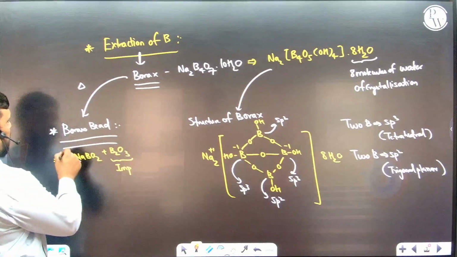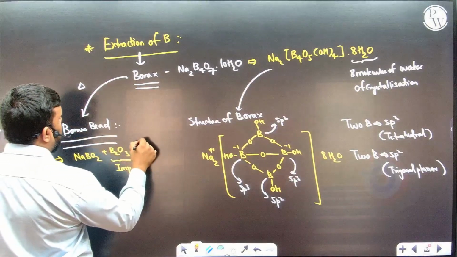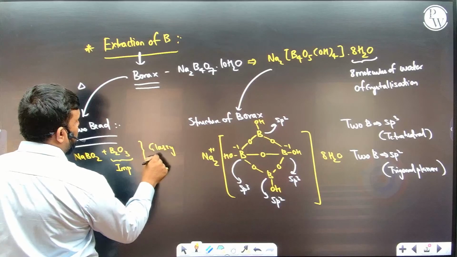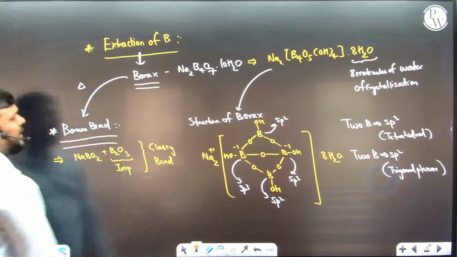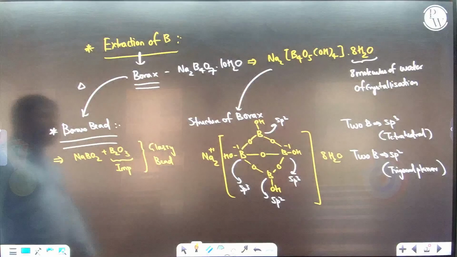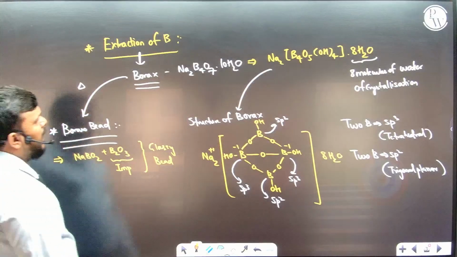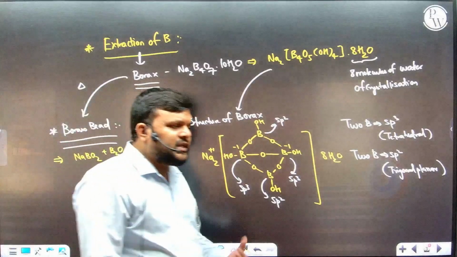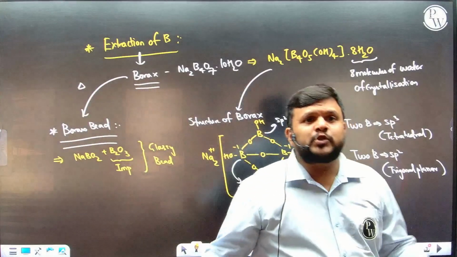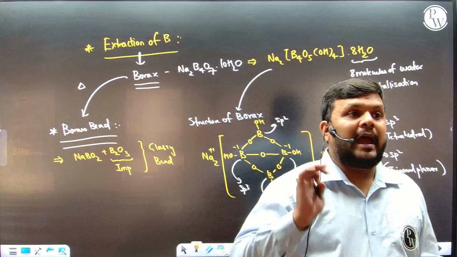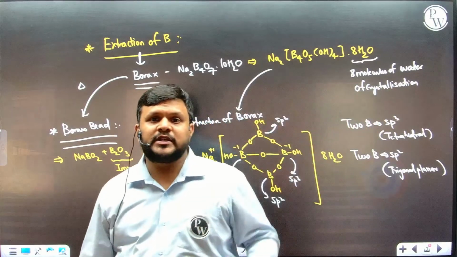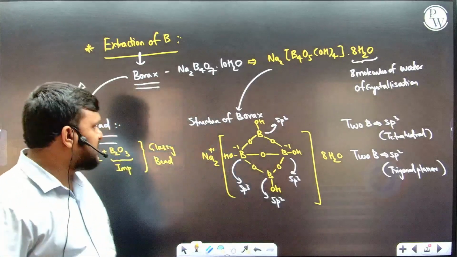This will be completely glassy in nature, which will react with the given metal oxide, and you will get a characteristic color. So by this borax bead test, we identify the metal oxide, which is used in qualitative analysis.